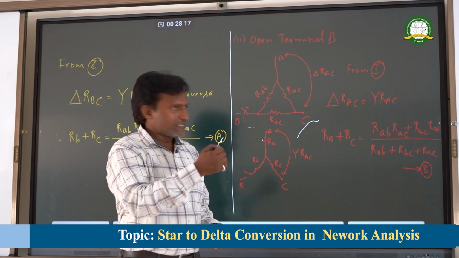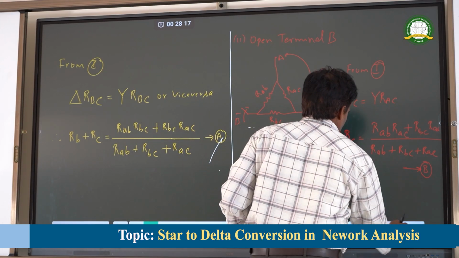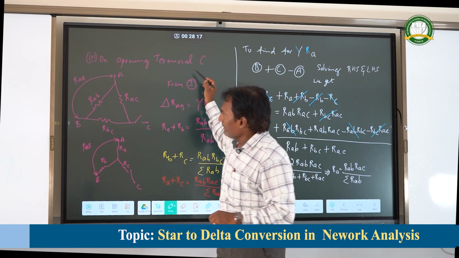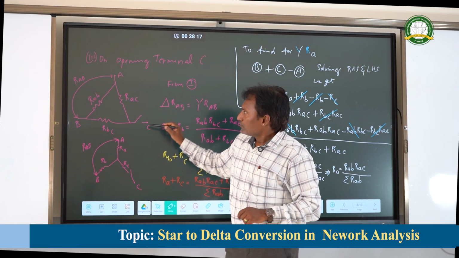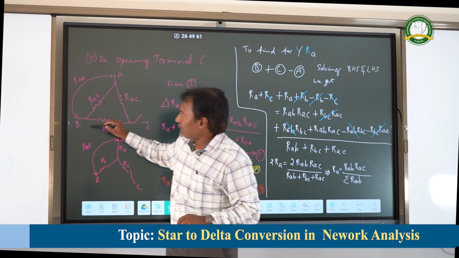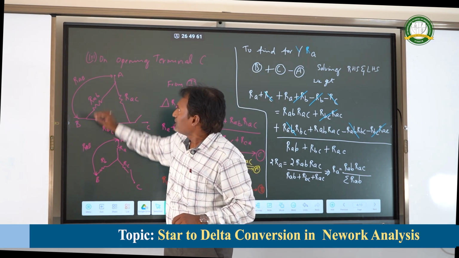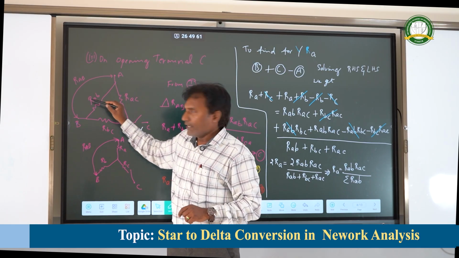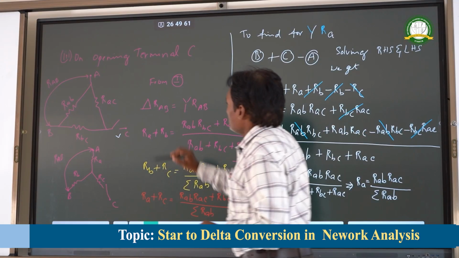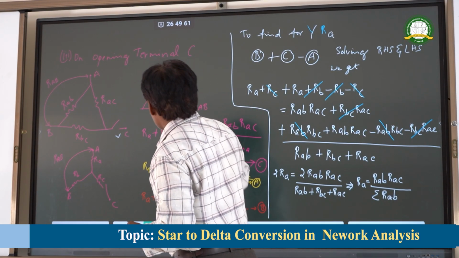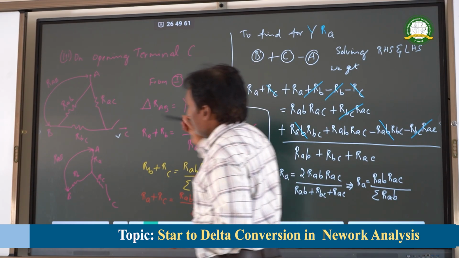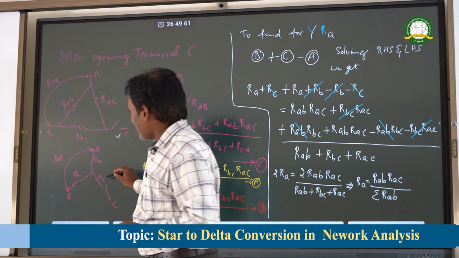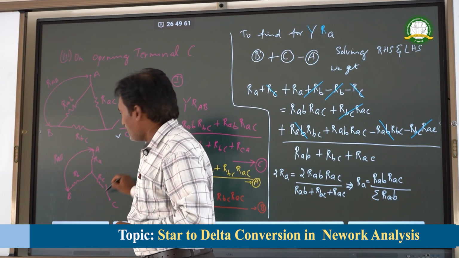Similarly, on opening terminal C, what happens? See here, I have opened the terminal C here. So we will find the effective resistance across terminals A and B. So delta RAB, I have solved for that, and delta RAB will be this equation. Similarly for star RAB, if I open the terminal C, there will be no current through RC and hence RC will be redundant.